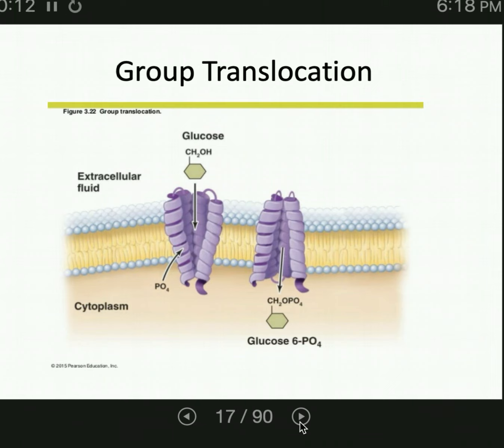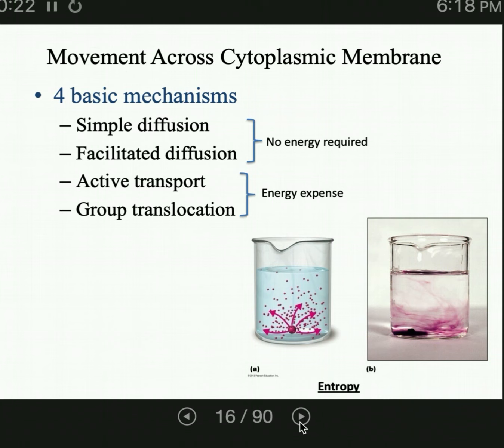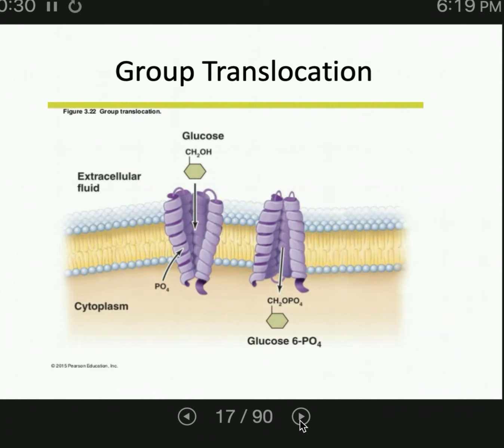This type of transport across the plasma membrane is unique to prokaryotes. So all the other three methods of transport that we just covered, we'll go back here, simple diffusion, facilitated diffusion, active transport, both prokaryotic cells and eukaryotic cells can do those. Only prokaryotes can perform translocation though.